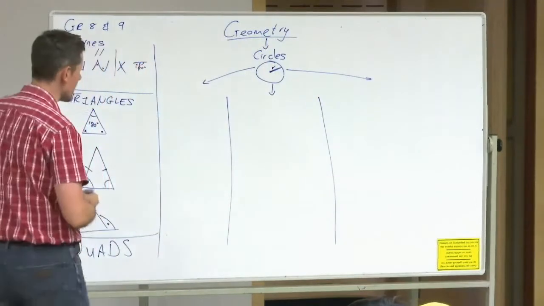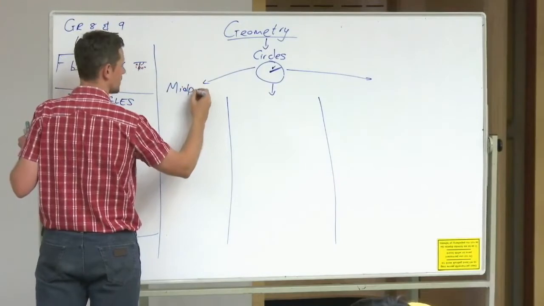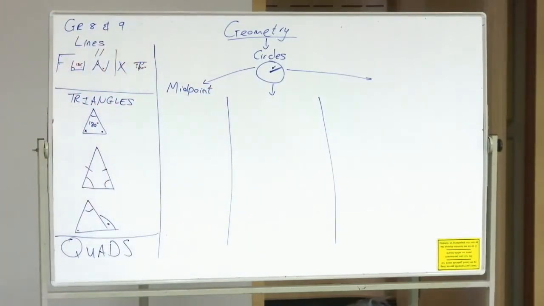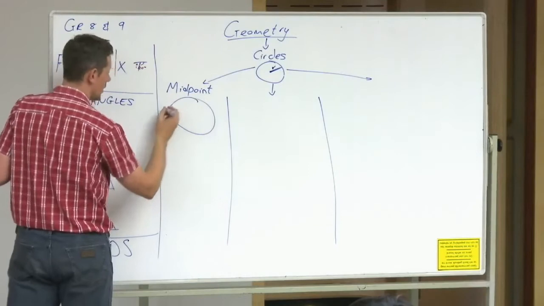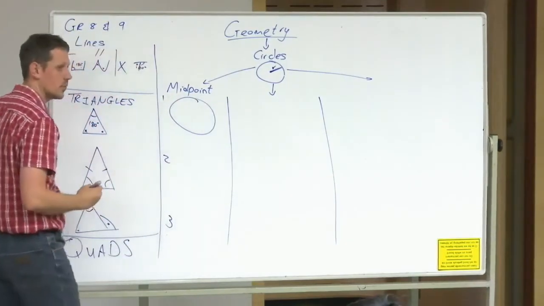So the first drawer that I look at is when I'm given a midpoint or a center of a circle. If I'm given a center of a circle, I look at radius. I look at all the radii and all the theorems that could work with radii. So the first one, when I look at the midpoint, I look at theorem 1, 2, and 3.